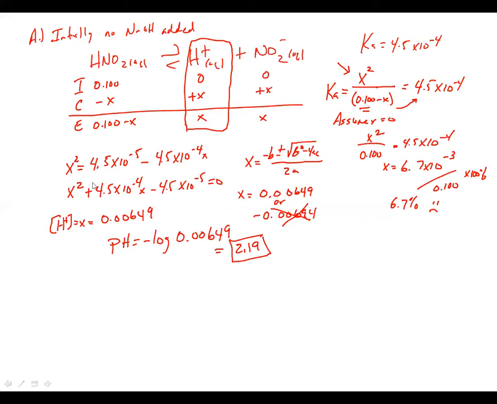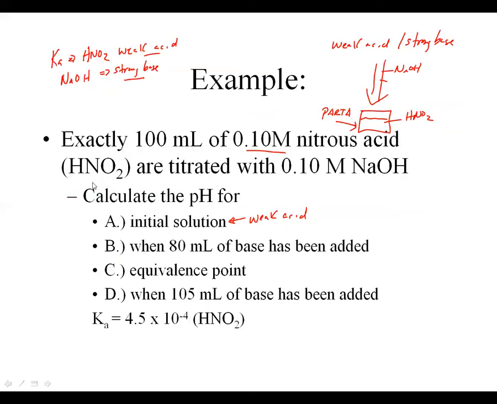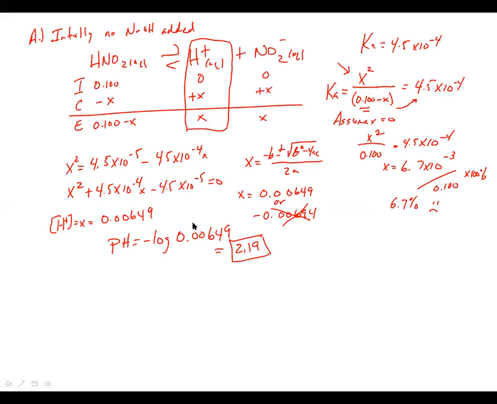Okay, so let us go look at part B. In part B, we're adding 80 milliliters of our base. So let's take a look at that one here. All right, so in part B, we're actually starting the titration.